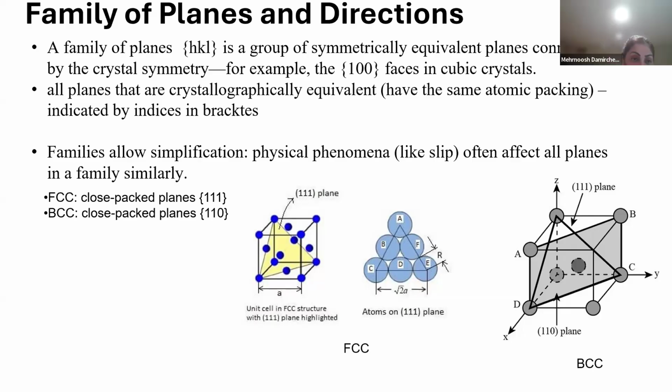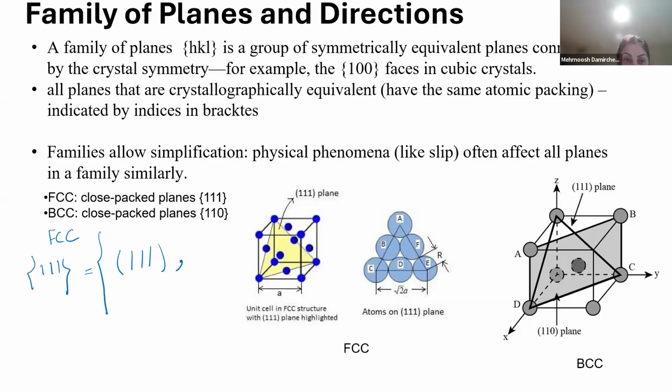For example, I explained how we find the family of 111. The family of 111 in FCC includes all of these planes. The first plane is 111.